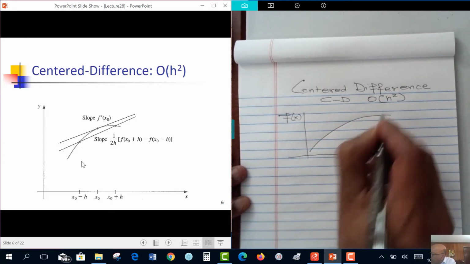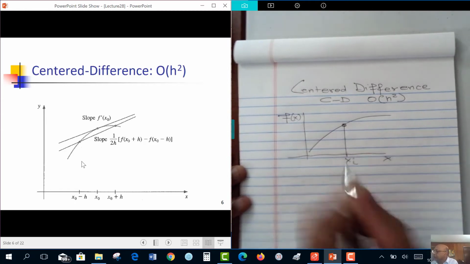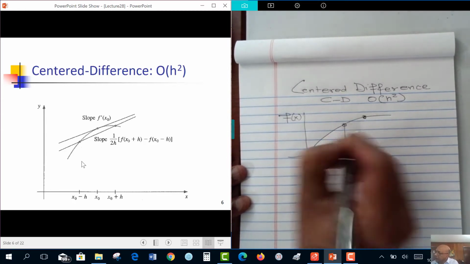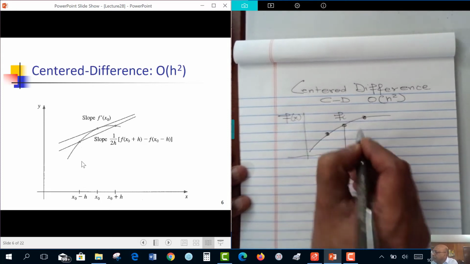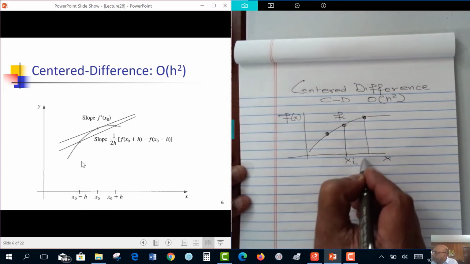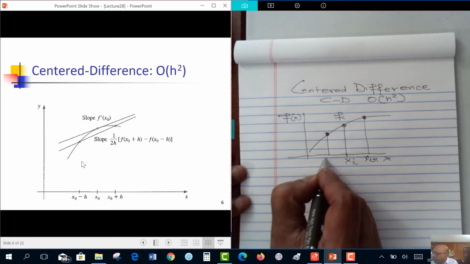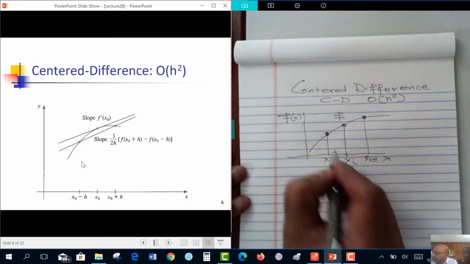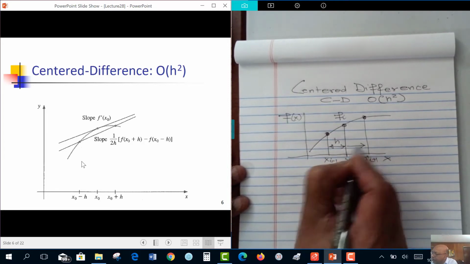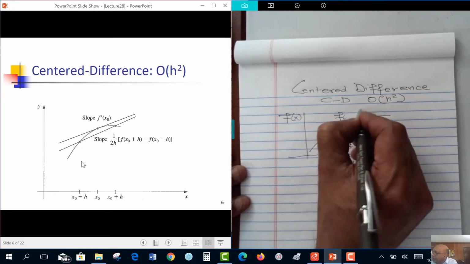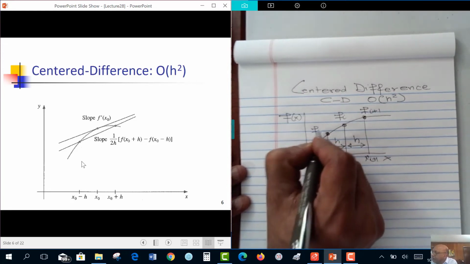Let's say this is our curve, and we want the derivative here at xi. So what we do is we evaluate the function at point before and after. And all our points we'll assume are spaced h apart. So that's like delta x. So this is fi plus 1. This is fi minus 1.